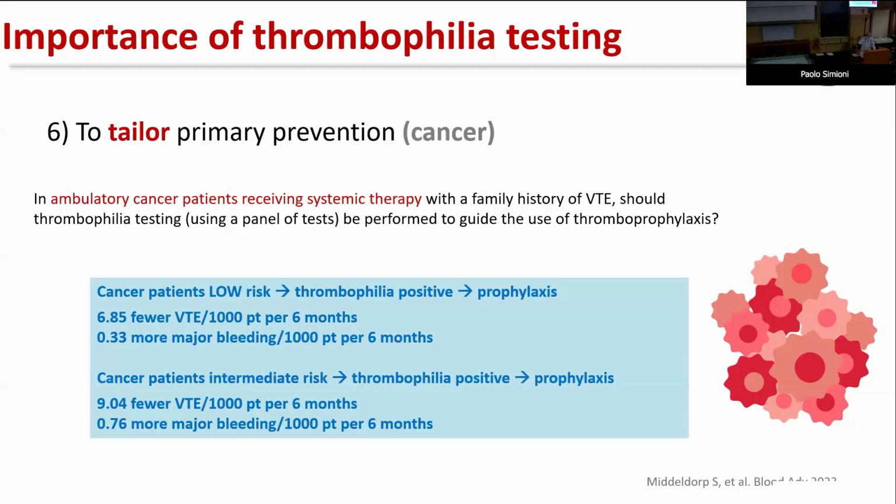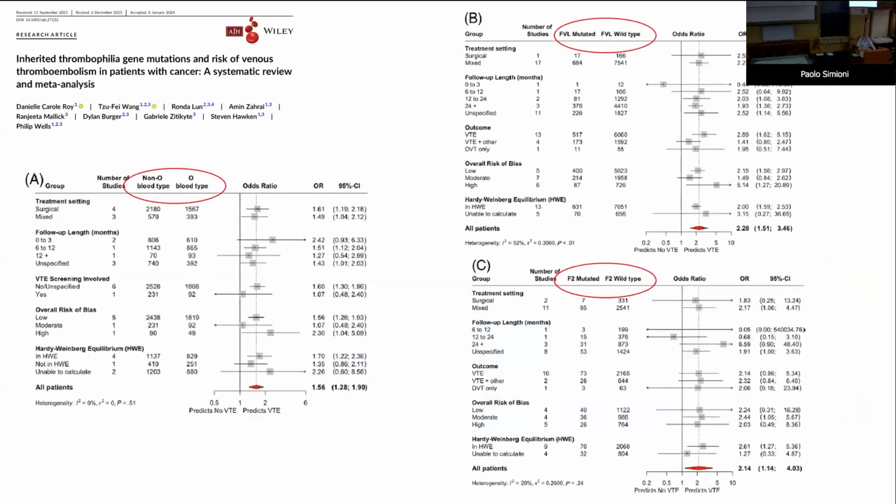So knowing thrombophilia in this cohort of patients at low risk for thrombosis, because the cancer in itself is associated with a low risk of thrombosis, allows you to decide to perform prophylaxis. And the meta-analysis data that we have in our hands clearly show that just the presence of factor V Leiden or the prothrombin mutation, so the low risk thrombophilia, tends to increase the risk for thrombosis.